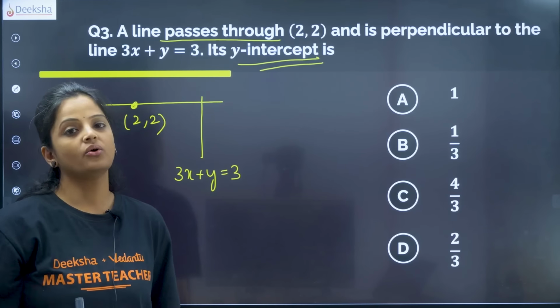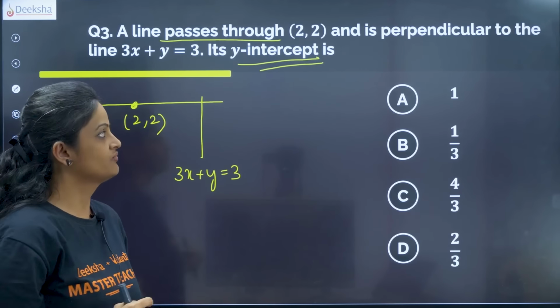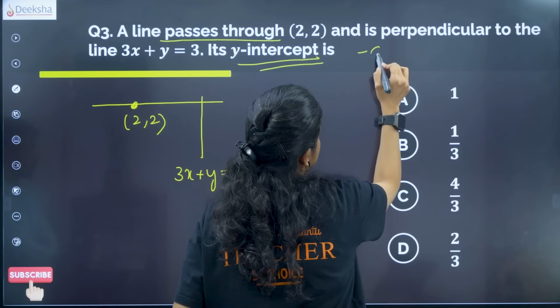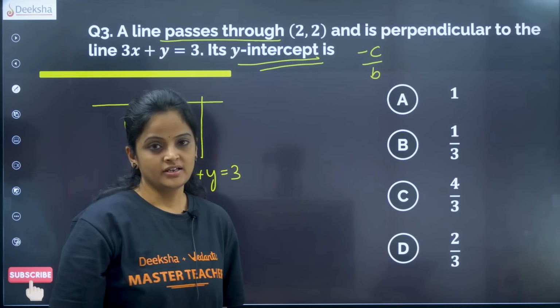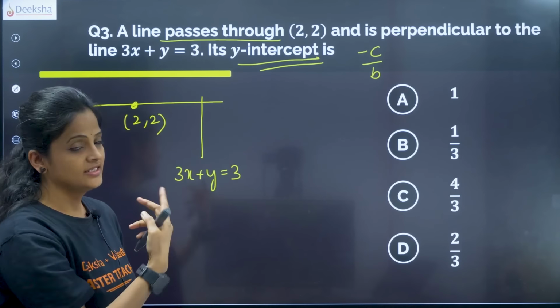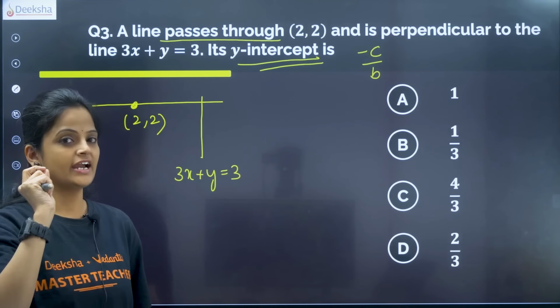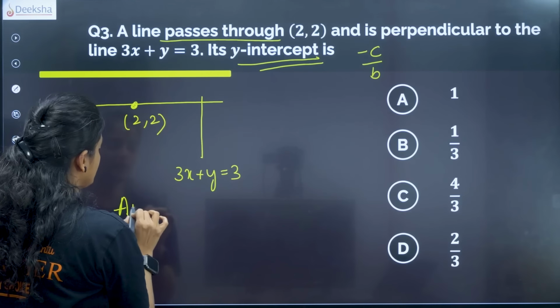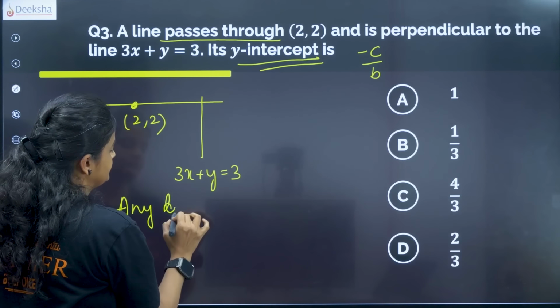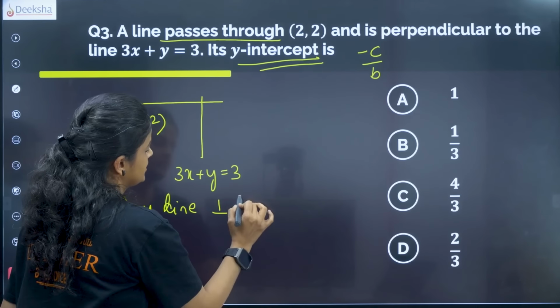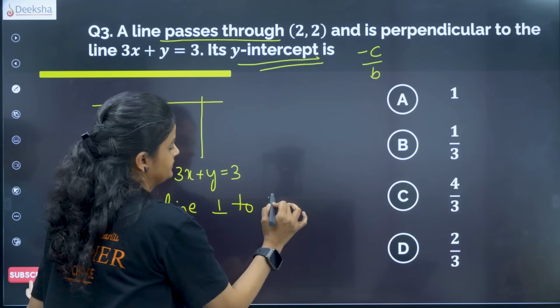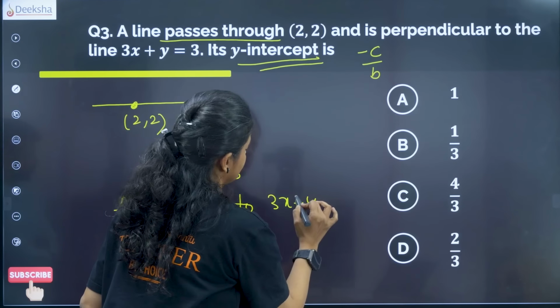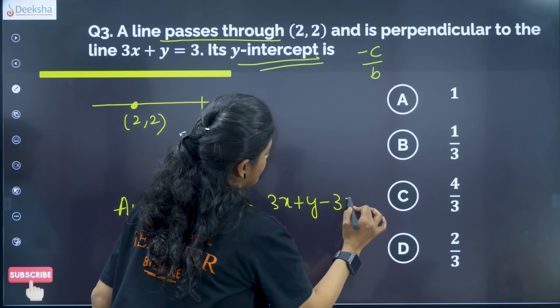Y-intercept. We all know in analytical what the y-intercept formula is. That is minus c by b, right? To get the answer, I need only the value of c and b here. Now we know how we write any line which is perpendicular to this line, correct? This is the line.